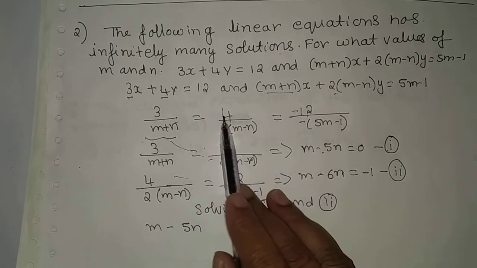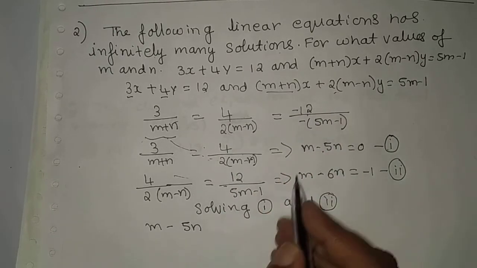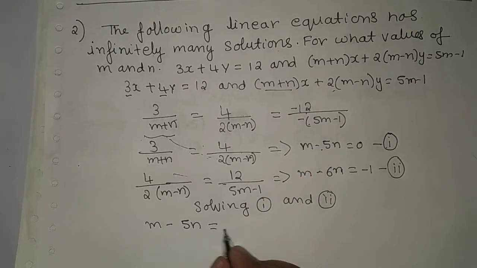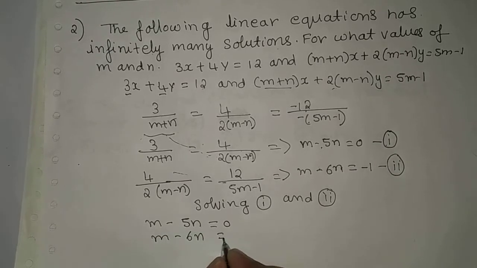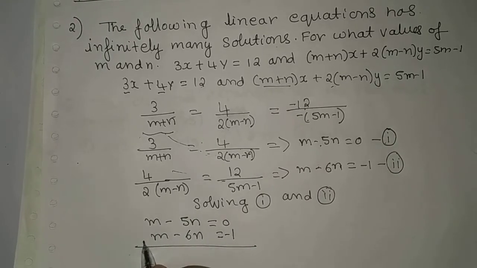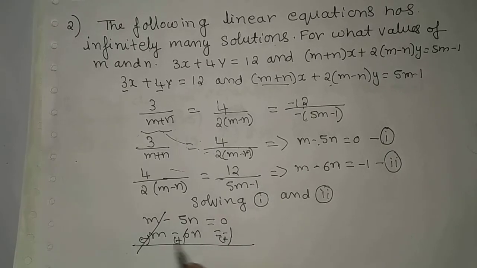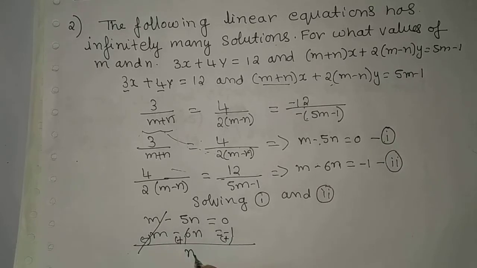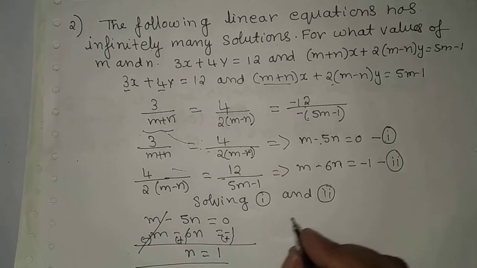Then next we are taking these two, for infinitely many solutions. We have m minus 5n is equal to 0, and m minus 6n is equal to minus 1. Now we have to solve this. Subtracting, minus becomes plus, and m cancels, and we are getting n.